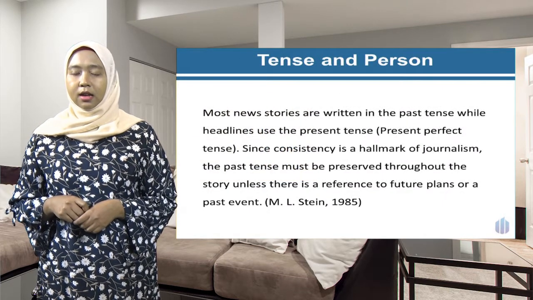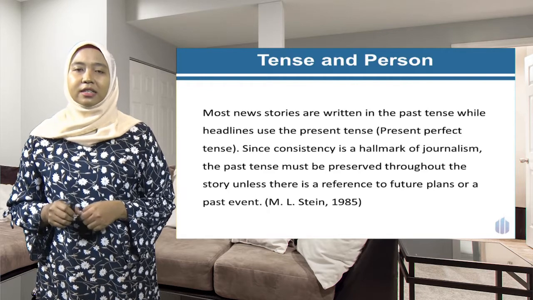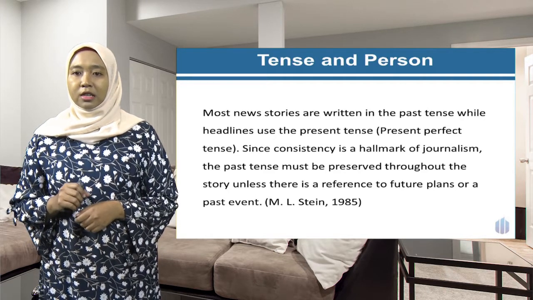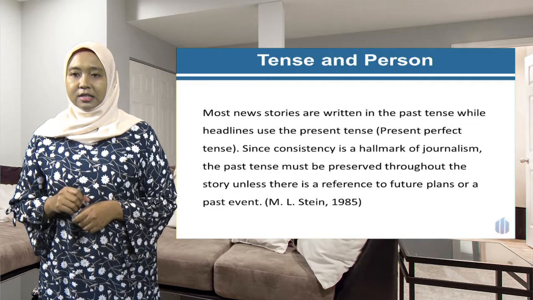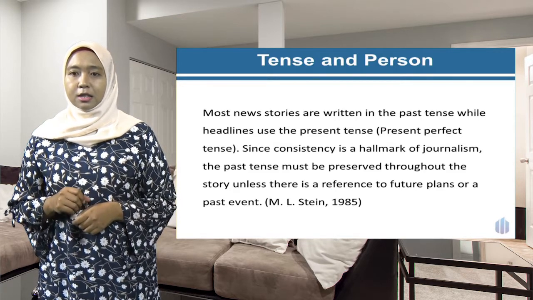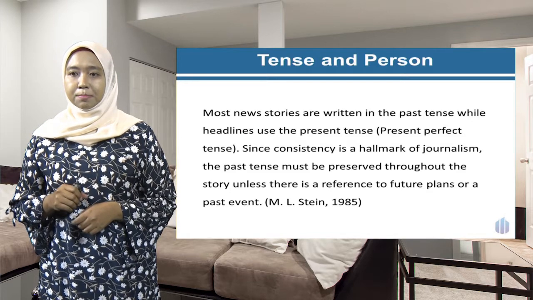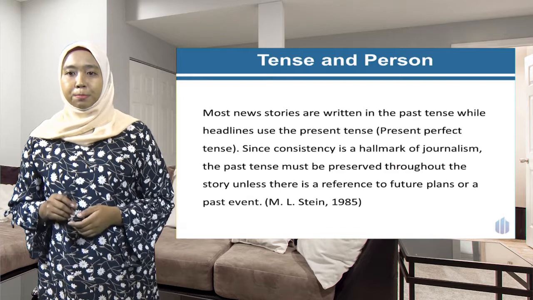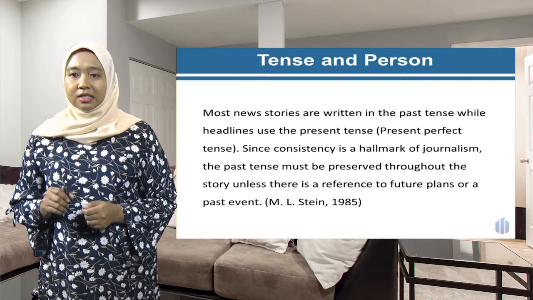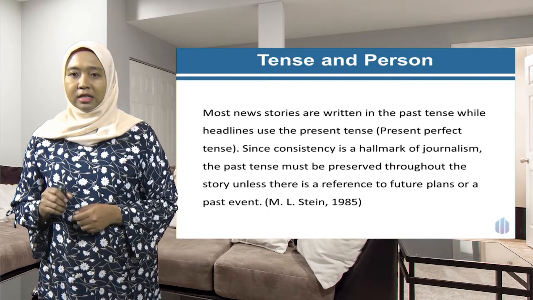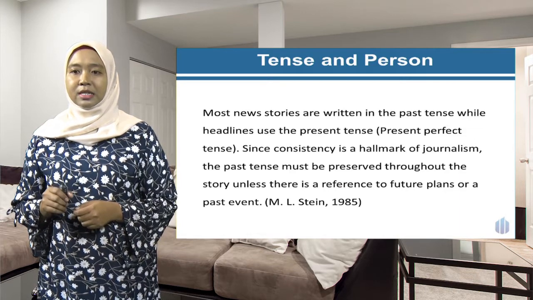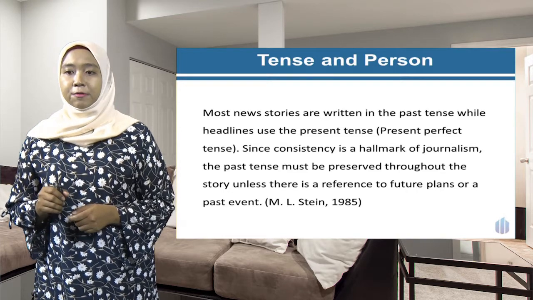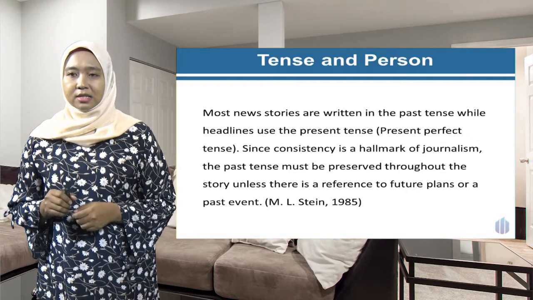How about the tense and the person in the news article? According to M.L. Stein in 1985, most news stories are written in the past tense, while headlines use the present tense or present perfect tense. Since consistency is a hallmark of journalism, the past tense must be preserved throughout the story unless there is a reference to future plans or past events.